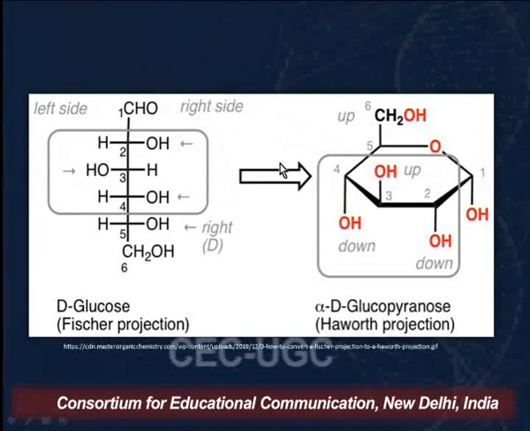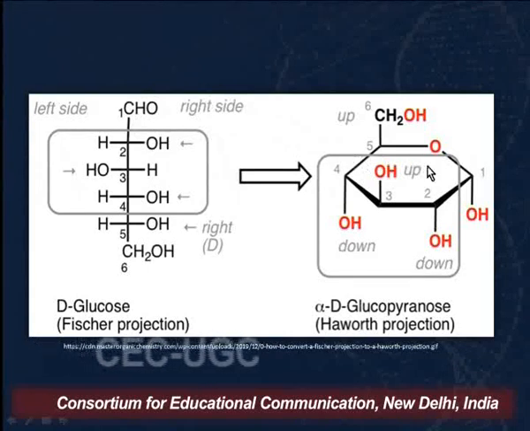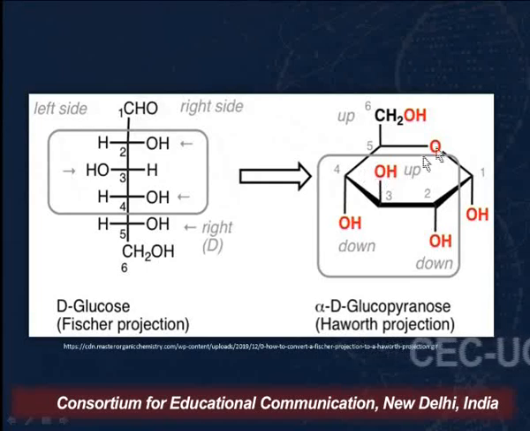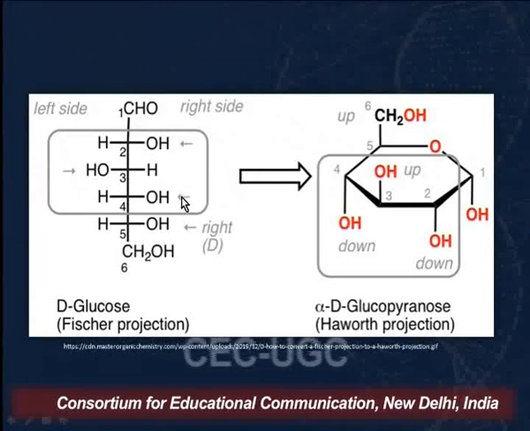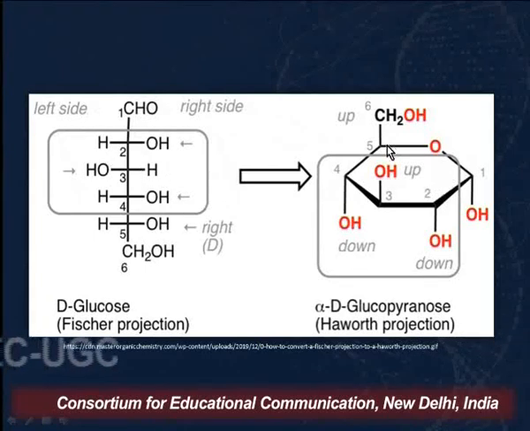Now quickly, what we've done is very important: converting Fischer to Haworth, which you can do quickly if you're taking a multiple choice question as in NEET. We'll make a cyclic structure which has O at the top right hand corner. All the groups which are on the right will be at the bottom, and the OH which is at the left will be at the top.